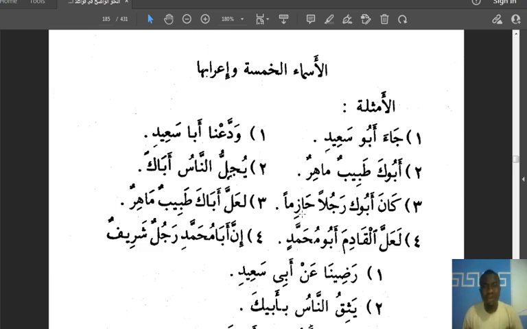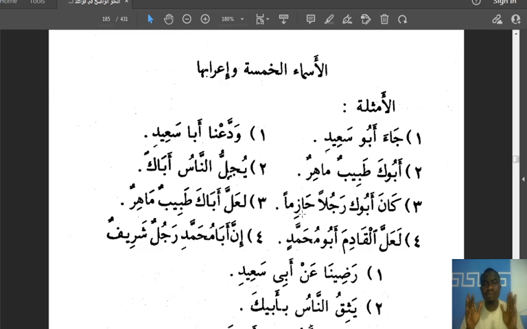Now, the reason behind setting aside some particular names is basically because of i'rab. We don't categorize them for any purpose in Nahu except i'rab, the way their endings behave when they are in sentences. Because the goal in Nahu is for you to end each word in the sentence with the appropriate vowel.